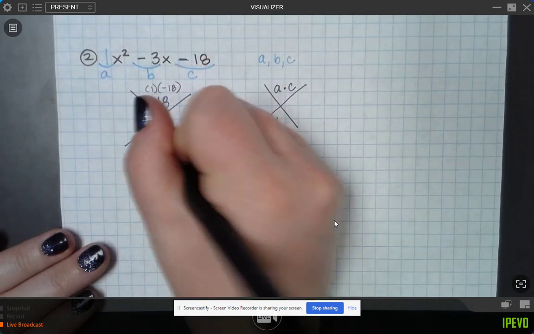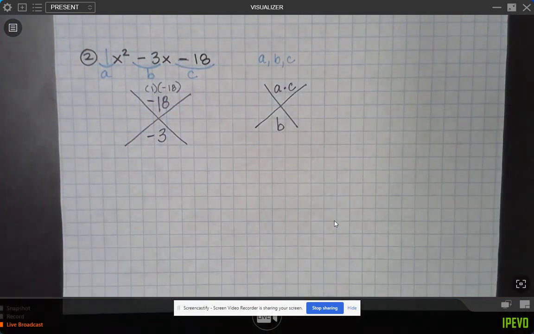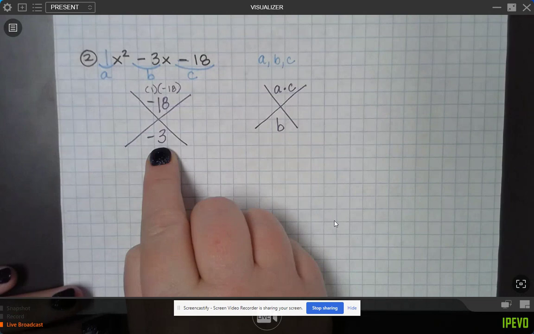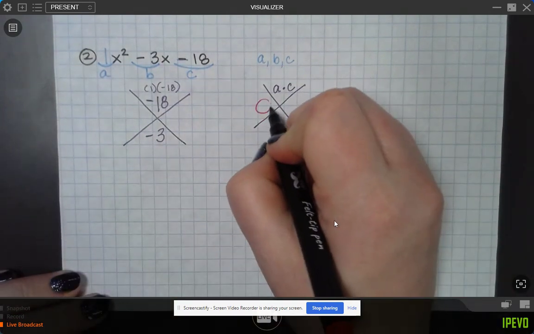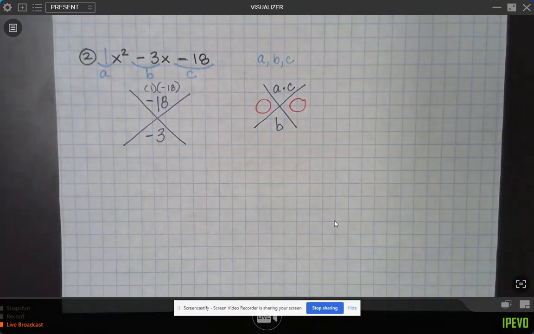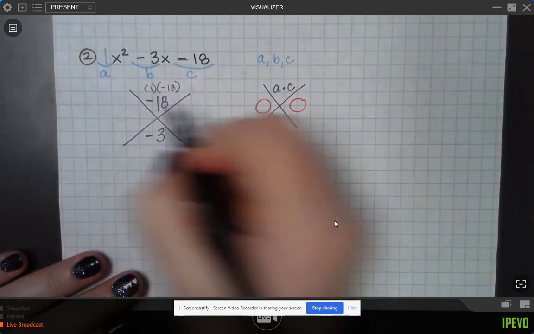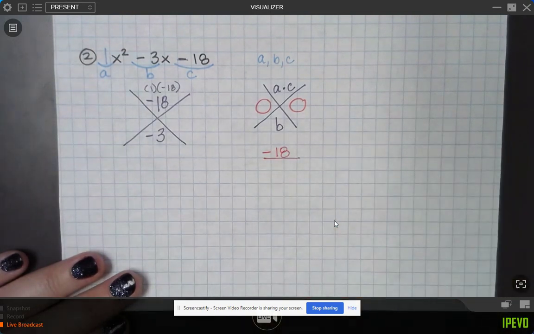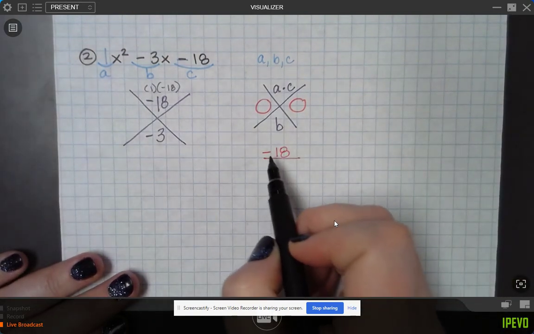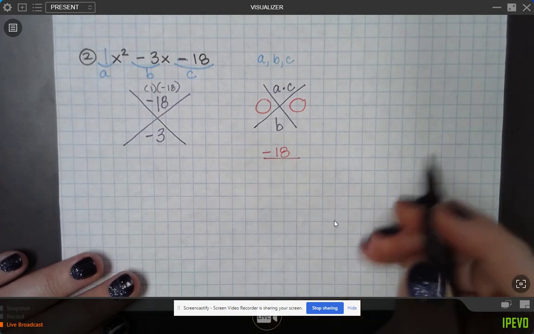I need to find numbers that multiply to negative 18 and add up to negative 3. So I'm going to be looking for these two numbers right here. The first thing I want to do is take that negative 18 and find numbers that multiply to negative 18. Now I've got to be careful, there's a negative here, so I have more options than normal.